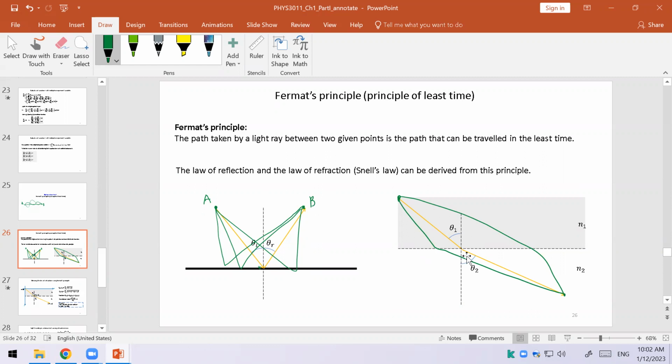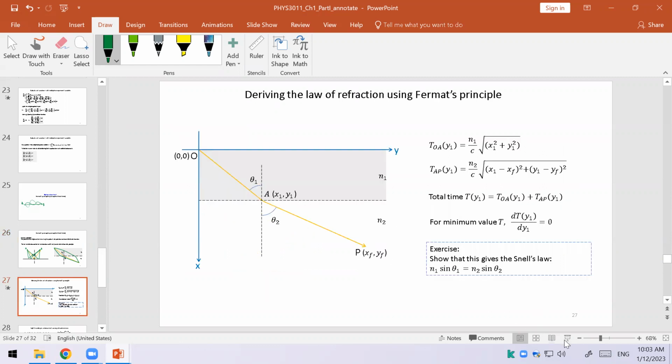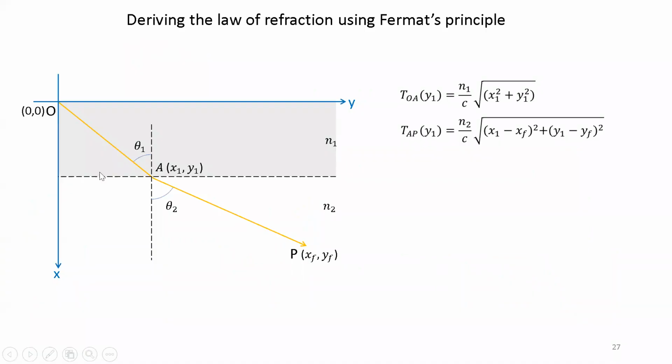So here, let's actually use Fermat's least time principle to derive the so-called Snell's law. What I have here is the starting point and end point, and I'm free to choose any point along this boundary.